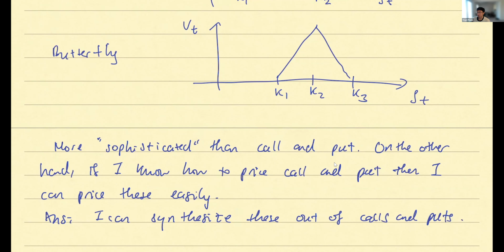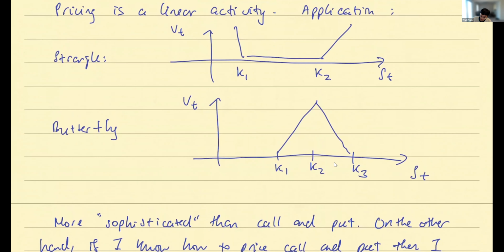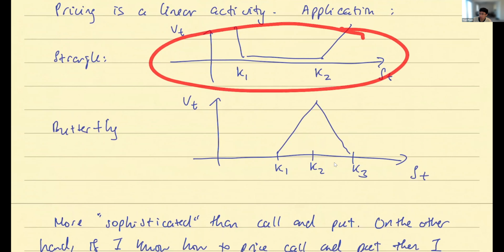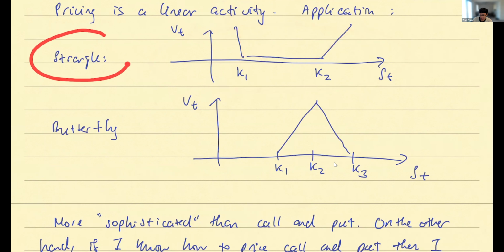For example, can anyone tell me how I synthesize a strangle out of call and put? This should be obvious. Correct: one put here and one call here. So clearly the price of a strangle is just the price of a put and the price of a call.